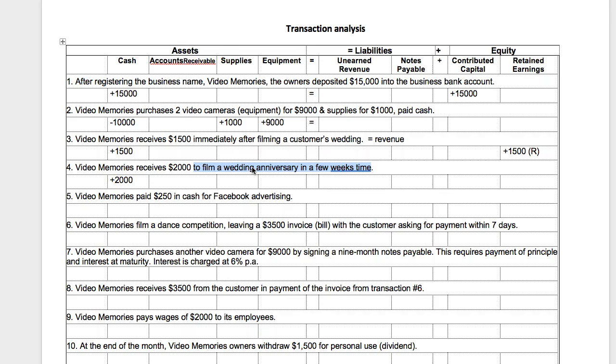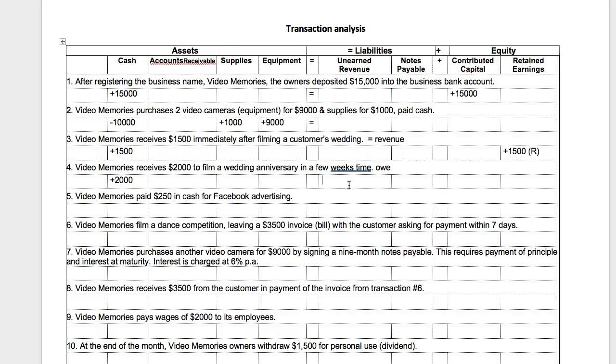But have we given the service to the customer? It tells us here that we're going to do it in a few weeks' time. So this means we owe the service to the customer. If you owe something, that's what we call a liability. And this particular type of liability is unearned revenue.